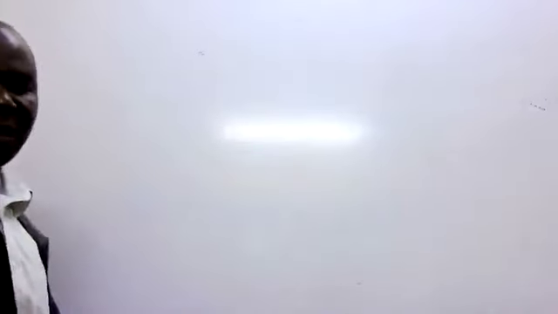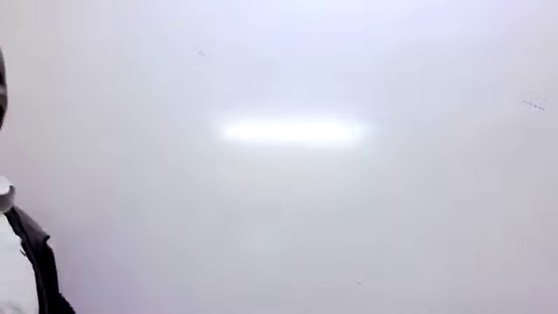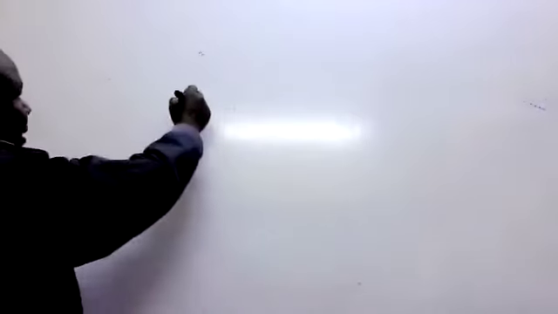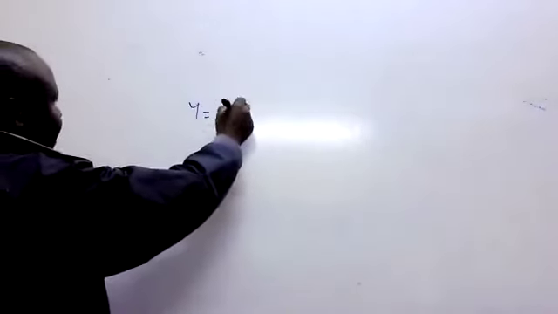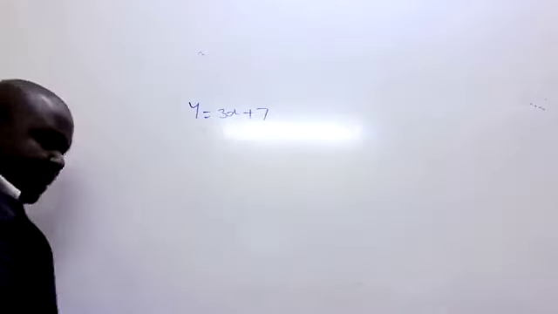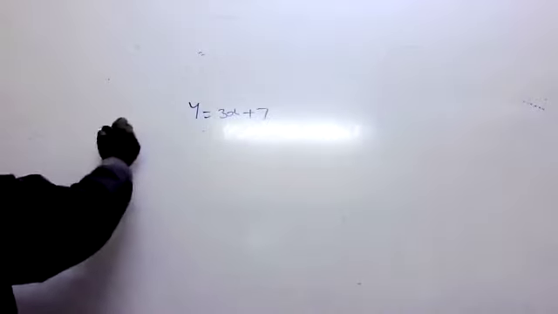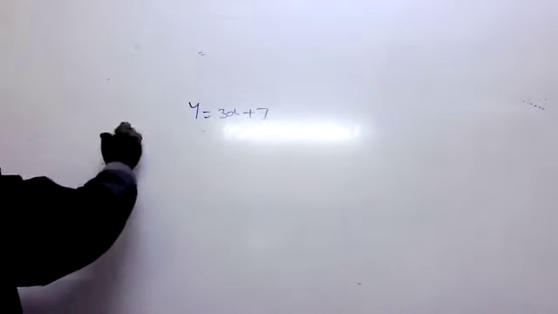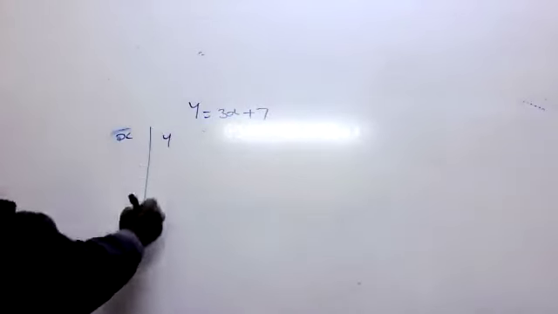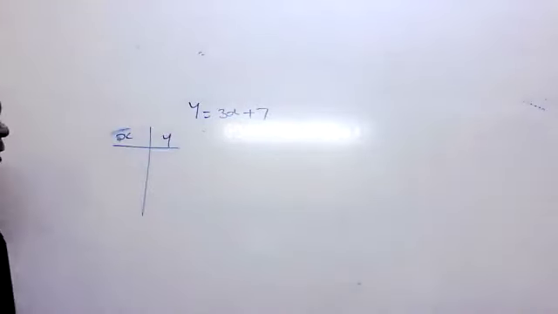Now let's try this example. We have y equals 3x plus 7, and we are told to draw the curve for it. Let's start with x and then y. This is a straight line.